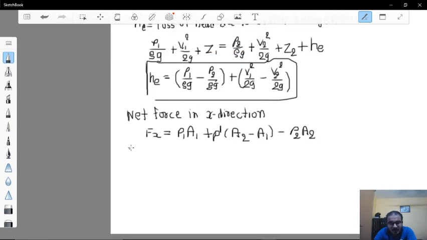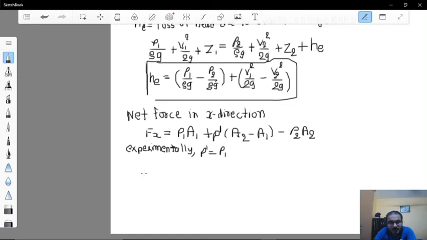But experimentally it is found that P prime is equal to P1.